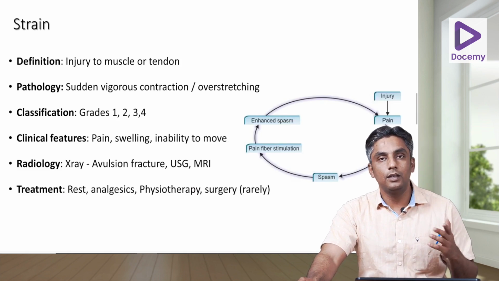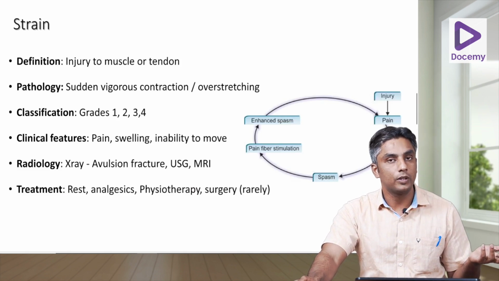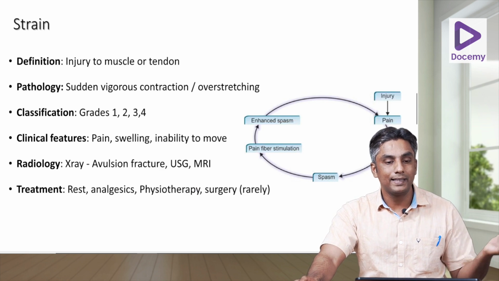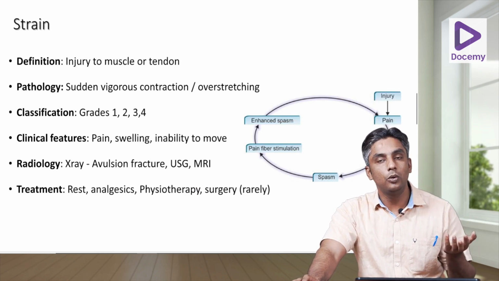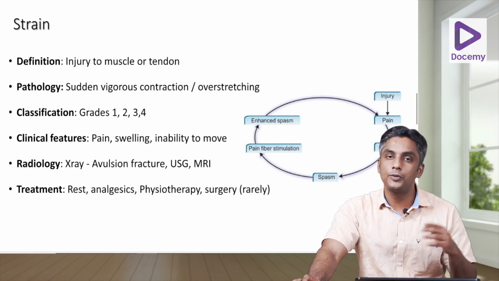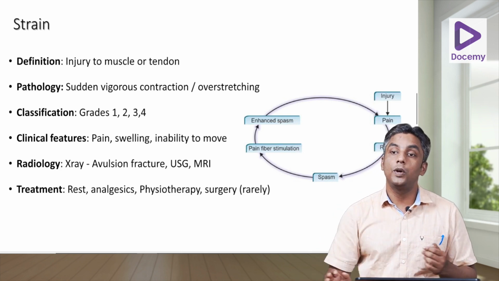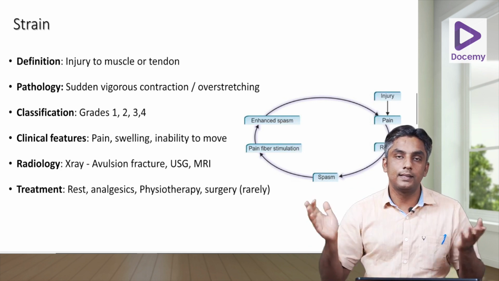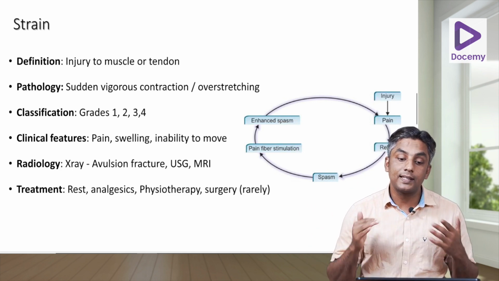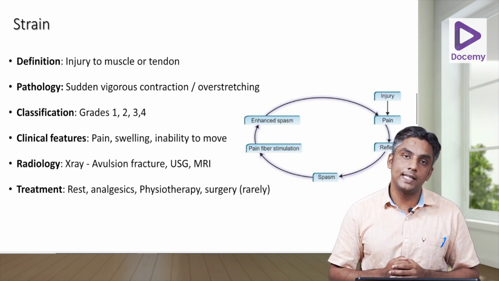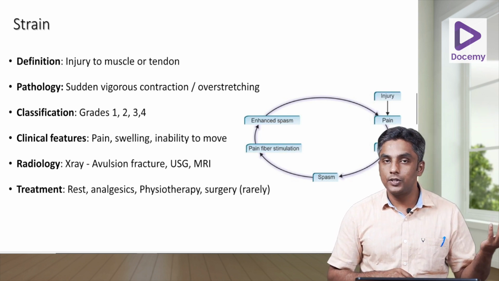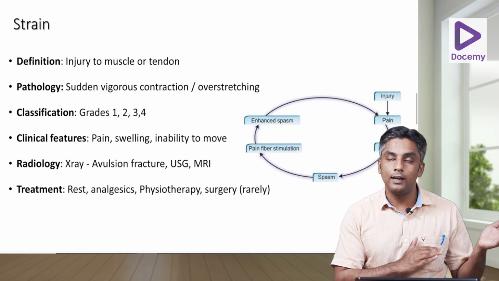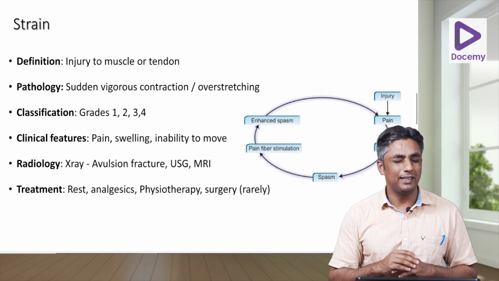Now the strain. A strain is an injury to the muscle or the tendon, unlike the ligaments in a sprain. The pathology is sudden vigorous contraction or overstretching. If you go to play after a gap of 6 months to 1 year and suddenly stretch yourself, the muscles get torn. That's classical: sudden vigorous contraction or overstretching of the muscles beyond the physiological limits. You can classify it into grades 1, 2, 3 and 4, unlike the 3 grades in sprain.